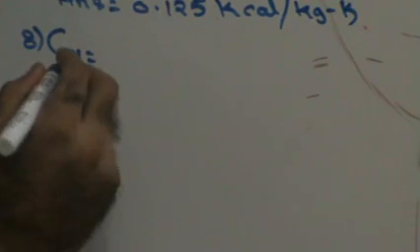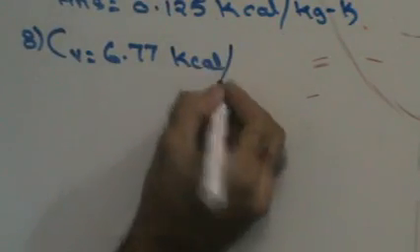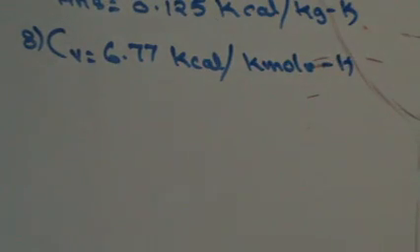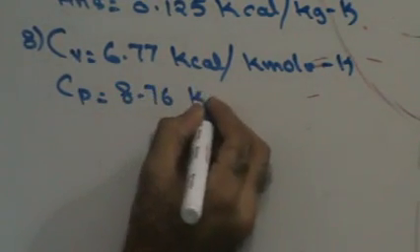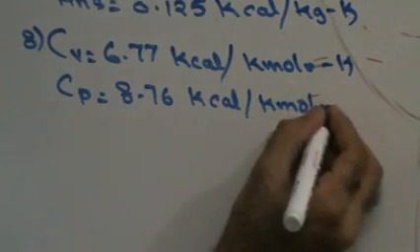Next sum please. The molar specific heat at constant volume is 6.77 kilocalorie per kilomole Kelvin and at constant pressure is 8.676 kilocalorie per kilomole Kelvin.